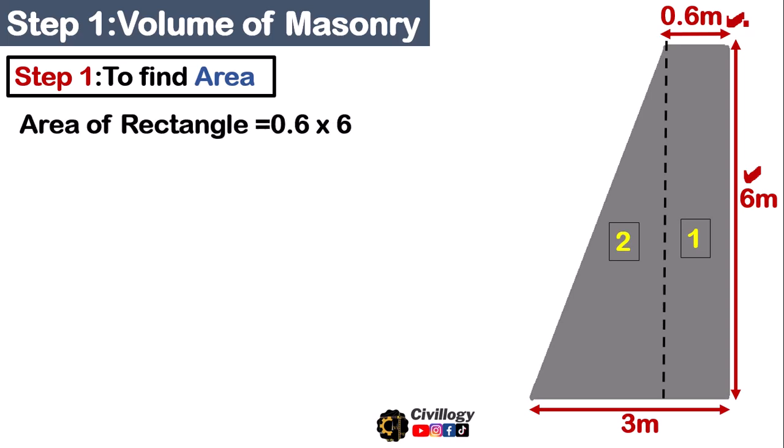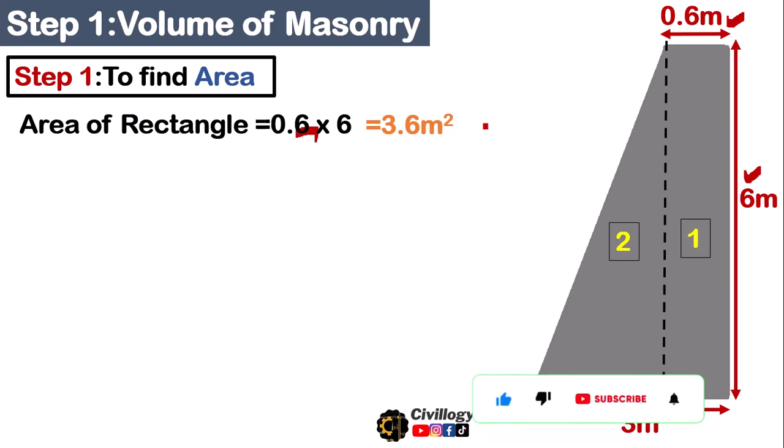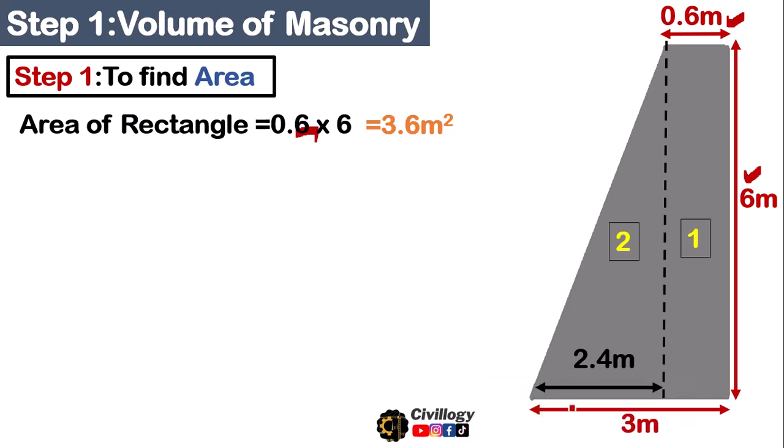The area of the rectangle will be height multiplied by width. As the width is 0.6 meters and the height is 6 meters, the area will be equal to 3.6 square meters. Now to find the area of the triangle, the base will be the total bottom width of 3 meters minus 0.6, which leaves 2.4 meters.